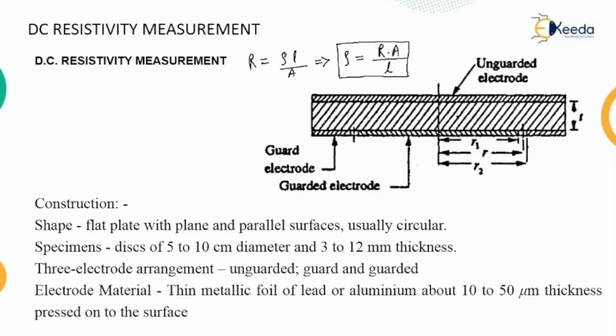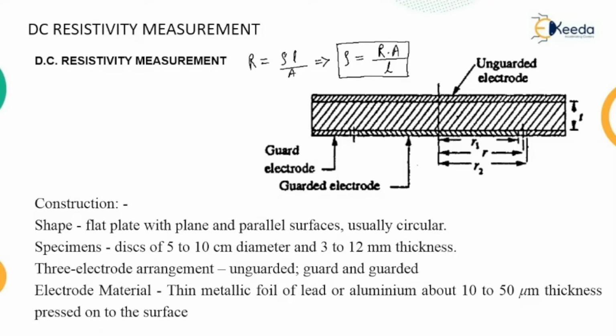The preferable shape is a flat plate with plane and parallel surfaces, generally circular. The specimens are normally in the form of a disc of 5 to 10 centimeter diameter and 3 to 12 millimeter thickness. That is the size of the specimen.